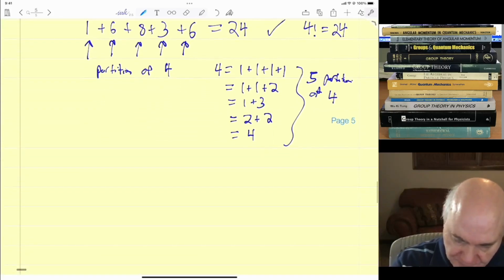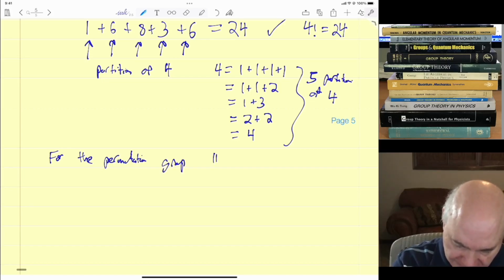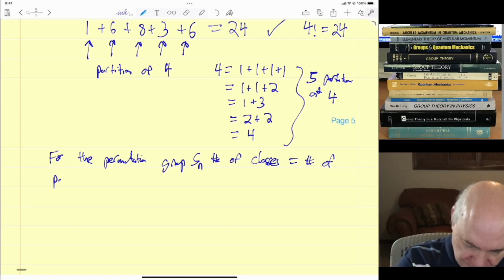So for the permutation group, the number of classes is equal to the number of partitions of n.